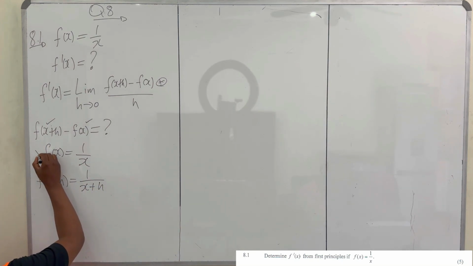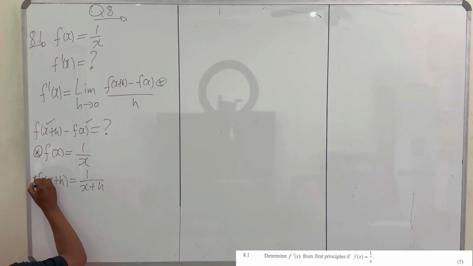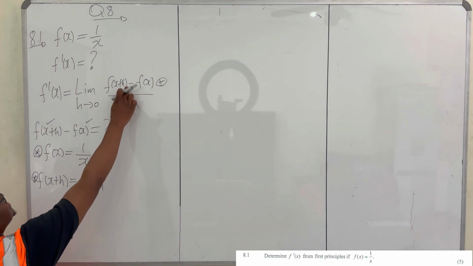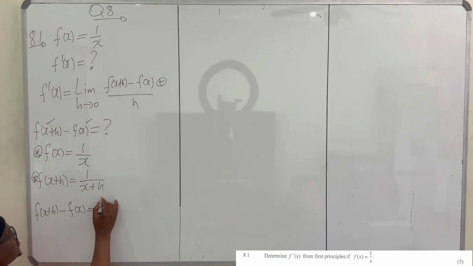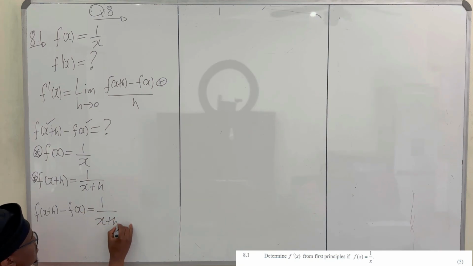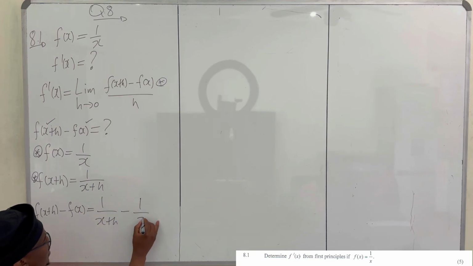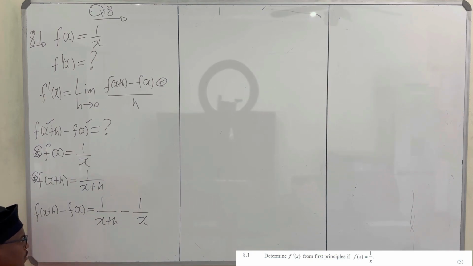So f at x is this, f at x plus h is this. Let's find the difference between the two. f at x plus h minus f at x is equal to 1 over x plus h minus 1 over x.